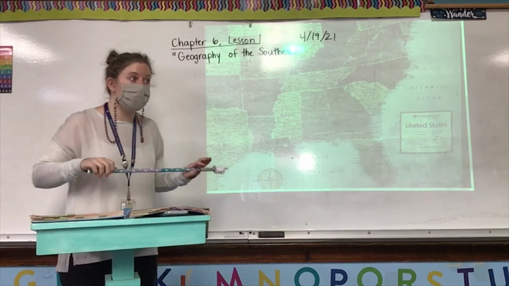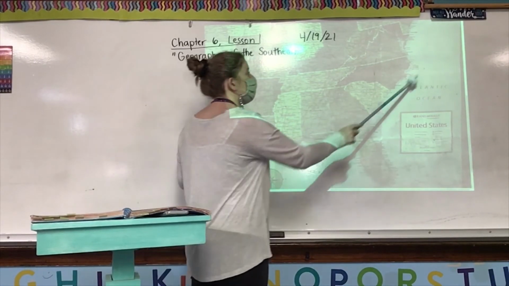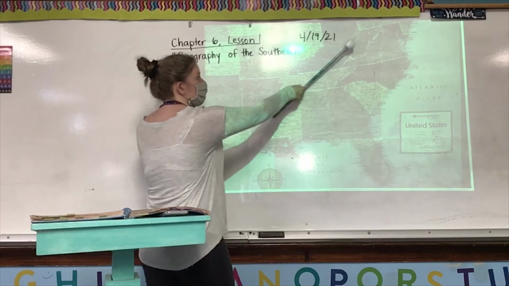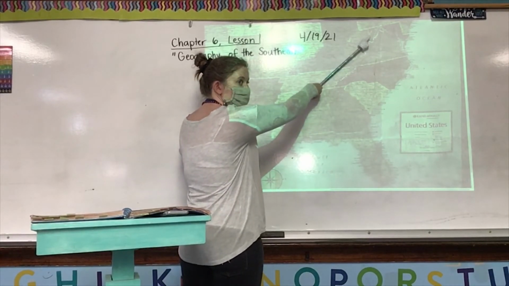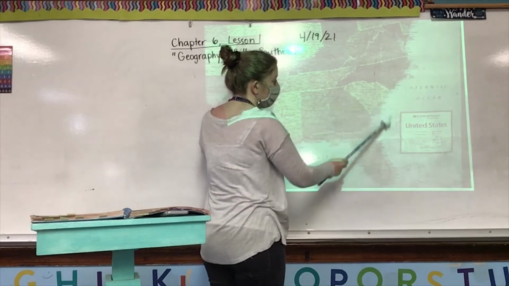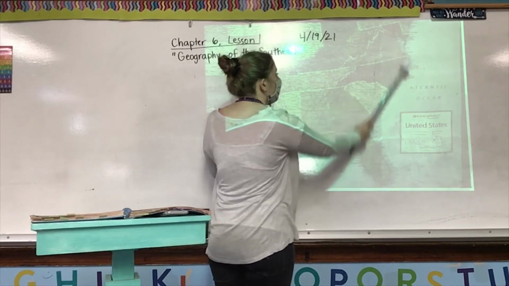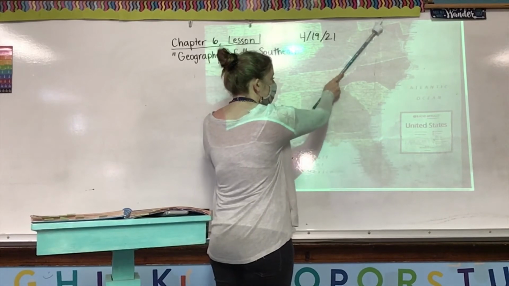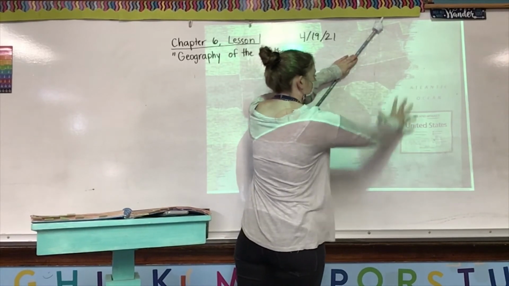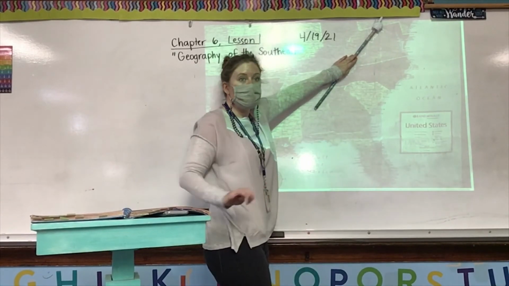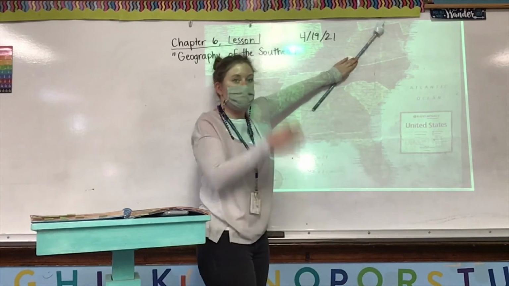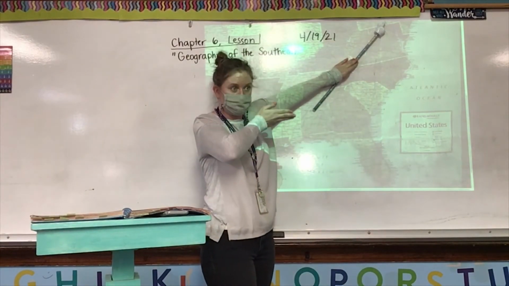Remember, the coastal plain is the flat area of land from the coast, and then it spreads west until you hit the Appalachian Mountains. So the coastal plain starts along the Atlantic Ocean and then heads west and stops at the Appalachian Mountains. So all of this is the coastal plain. Remember when we talked about the Northeast, we talked about how the coastal plain was very narrow because the mountains start almost immediately after the coast.